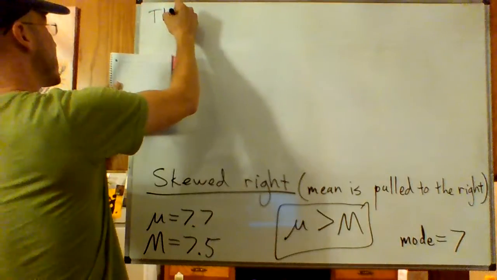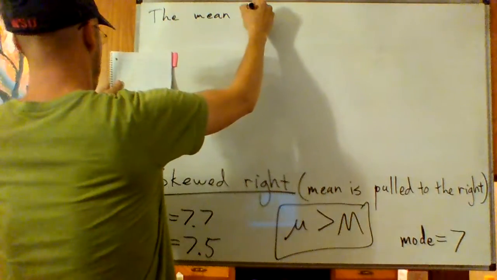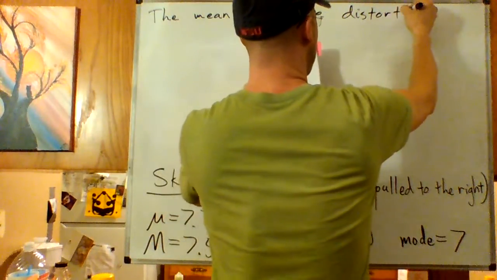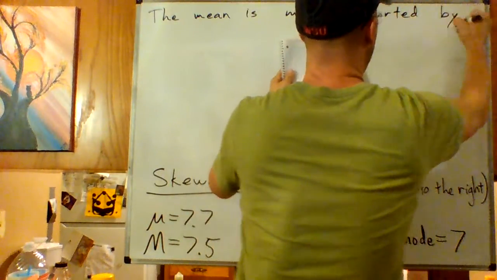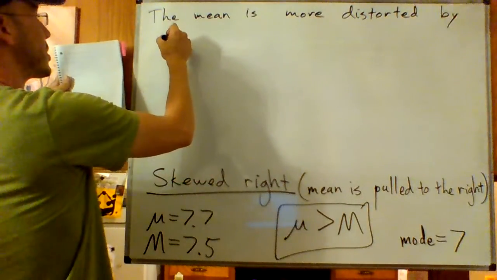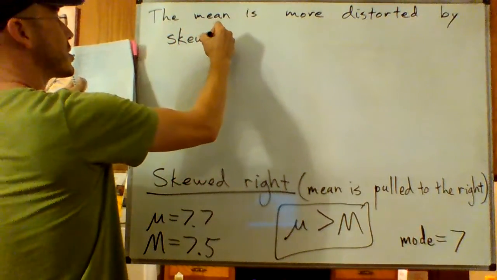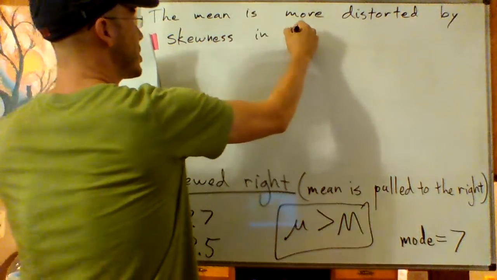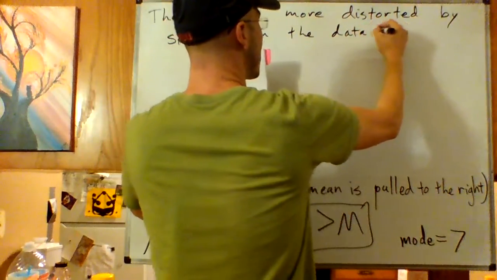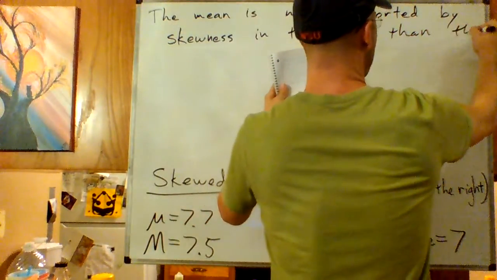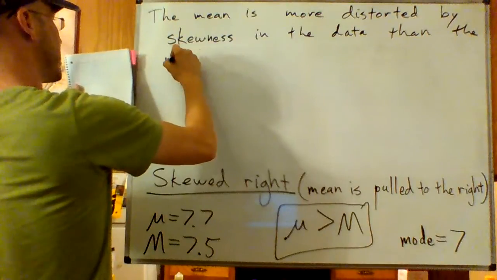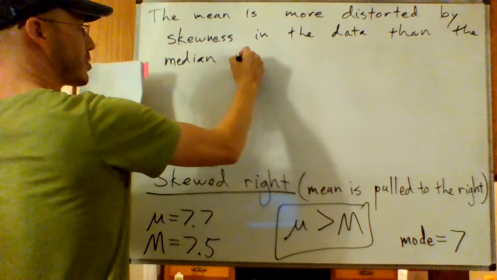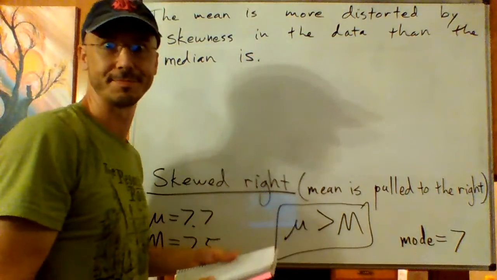The mean is more distorted by skewness in the data than the median is.